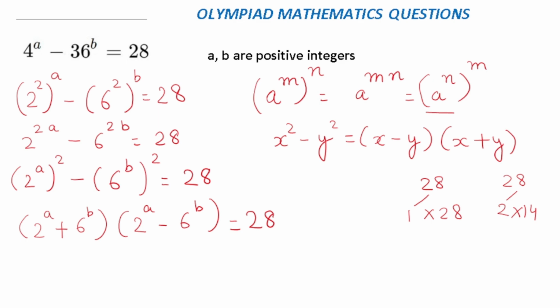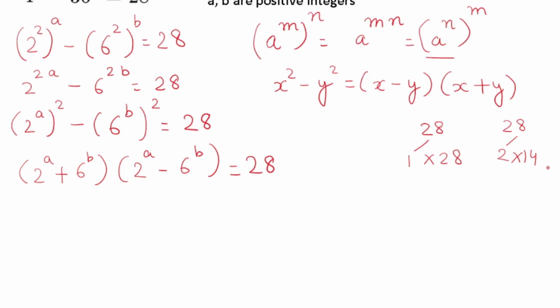Now if you see, out of these three forms, one of them would be the ideal pair to write 28 in this equation. So to choose that ideal pair, we need to see.